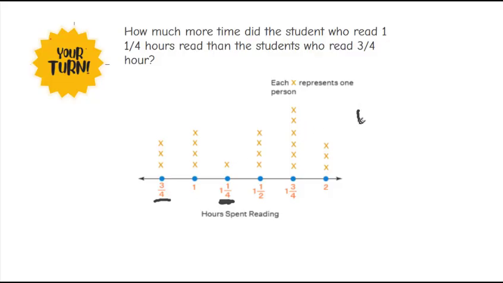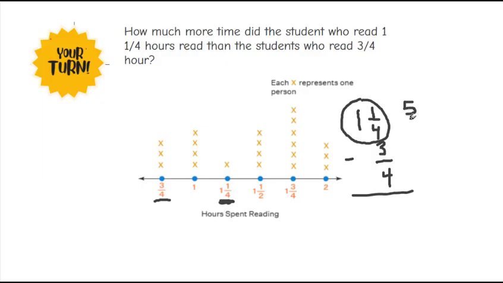I have the one student that read for 1 1/4 hours. How much more did that student read than the students that read for 3/4 of an hour? I'm going to set it up like this. I cannot subtract. So I need to borrow on the 1/4 up here. Or I can just turn this into an improper fraction because there's only a 1 there. So let's do it that way. 4 times 1 is 4, plus 1 is 5.